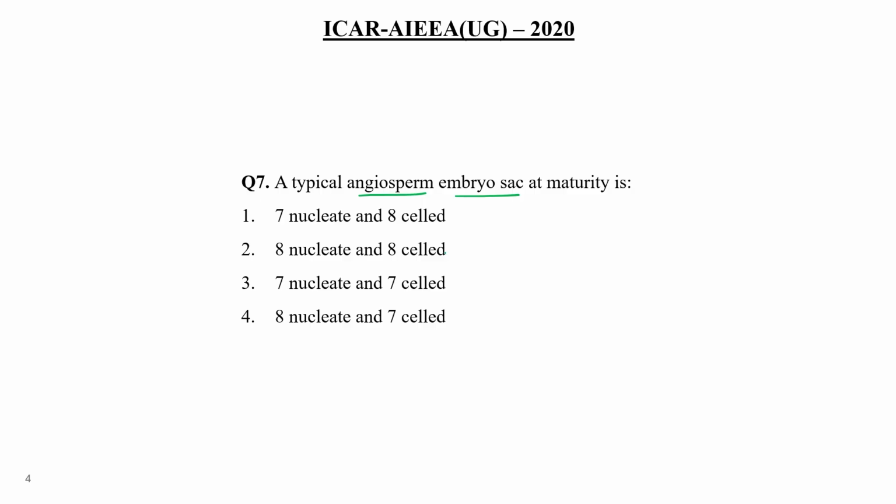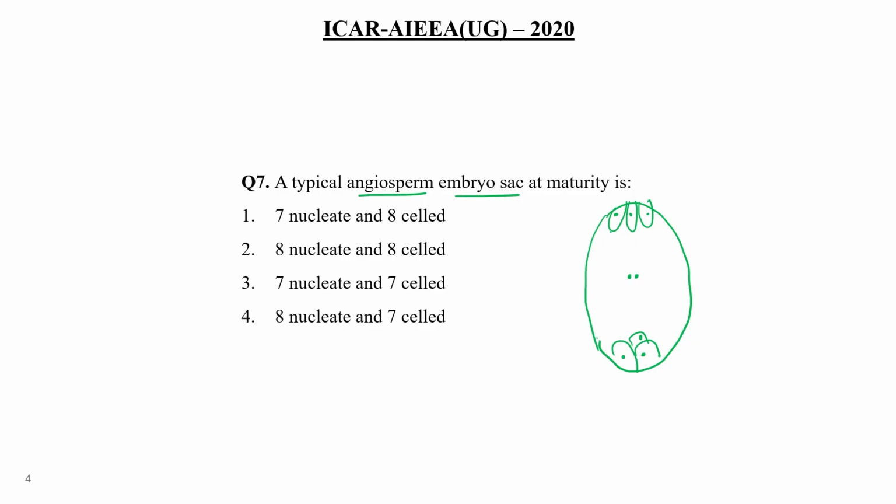Angiosperm embryo sac. In this kind of structure, 1, 2, 3, 4, 5, 6, 7, 8. Two nuclei are present over here in the central cell.